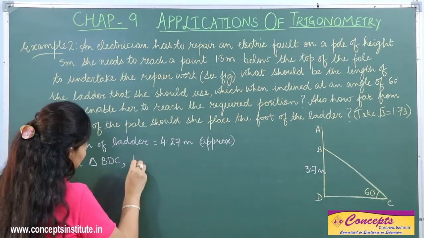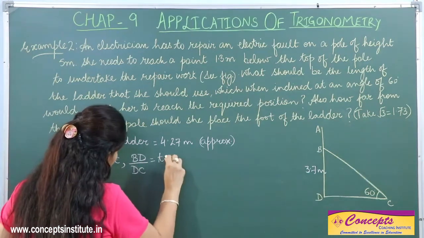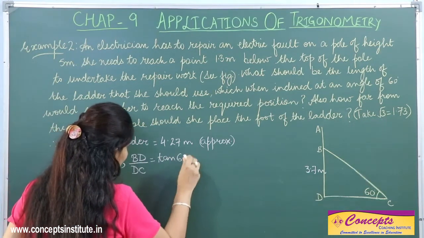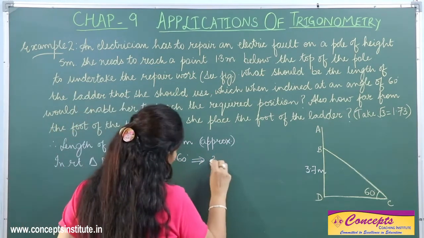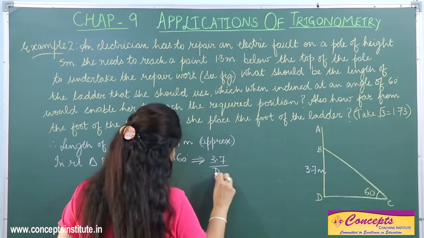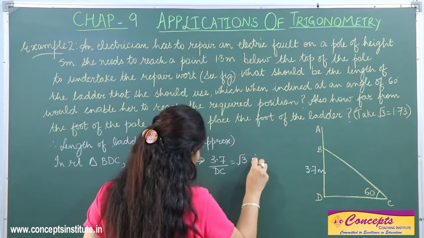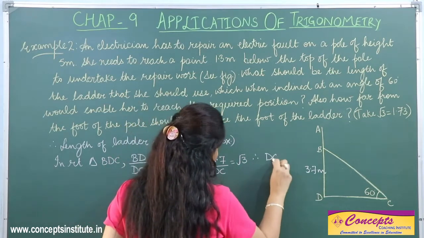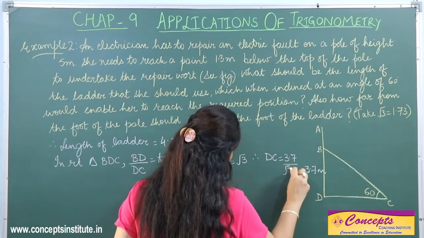In right triangle BDC, BD upon DC is equal to tan 60. So therefore, what is BD? 3.7 upon DC is equal to tan 60, which is root 3. So what would I get DC as? DC would be 3.7 upon root 3.